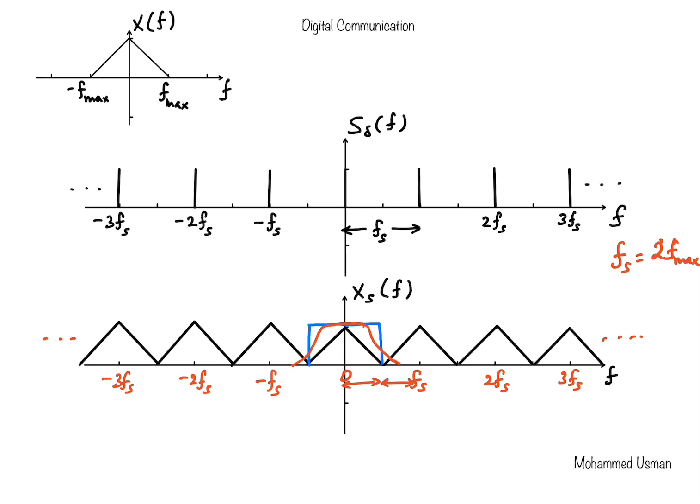And due to this gradual roll-off, what you see is that even for the case where fs equal to 2f max, which satisfies the Nyquist sampling theorem, because the Nyquist sampling theorem states that the sampling rate should be greater than or equal to 2f max, which is satisfied here in the theoretical sense.